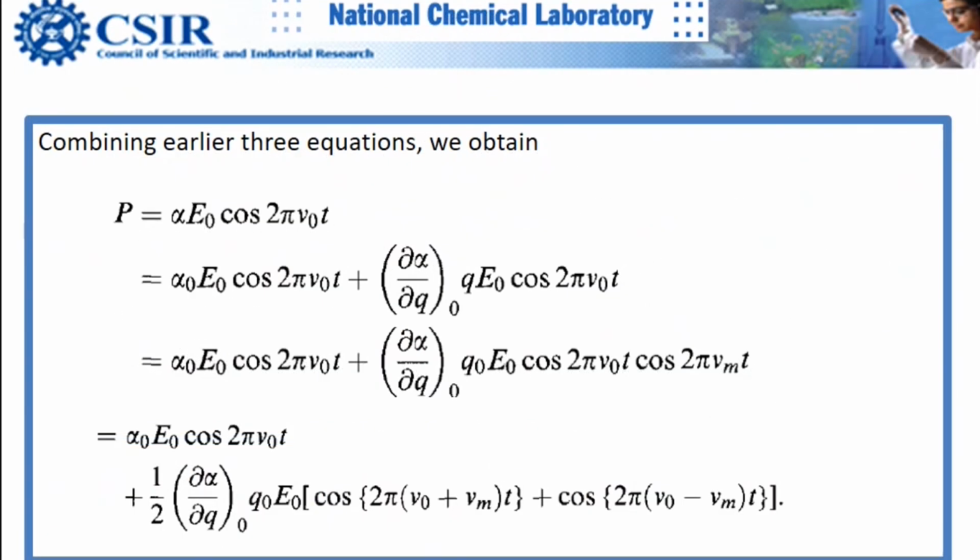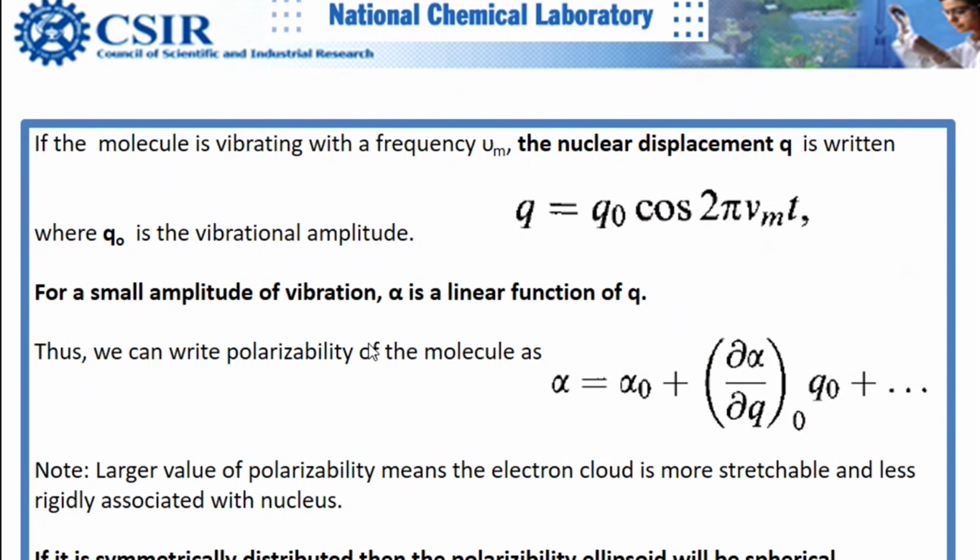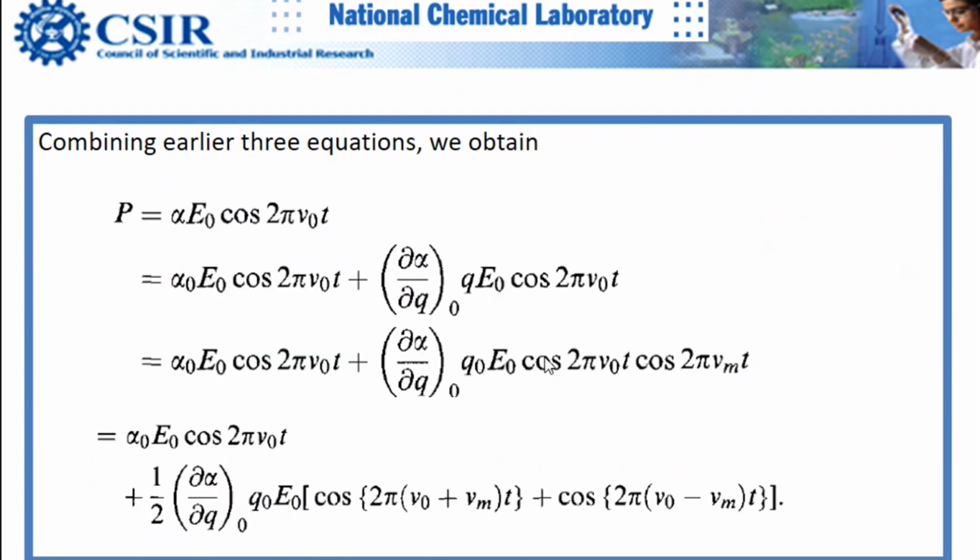All of you know. If we put this equation for the polarizability alpha into this, this is the first equation and this is the second equation. If we put in the expanded form of alpha, then we get this form, and finally we can break it out into these three terms.